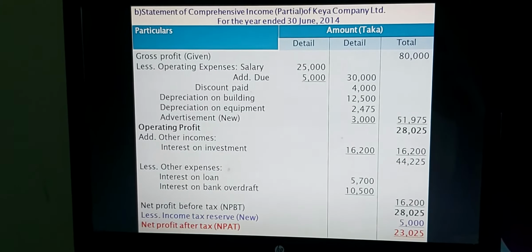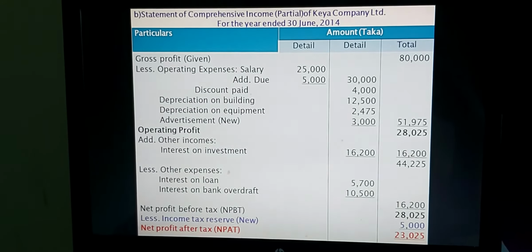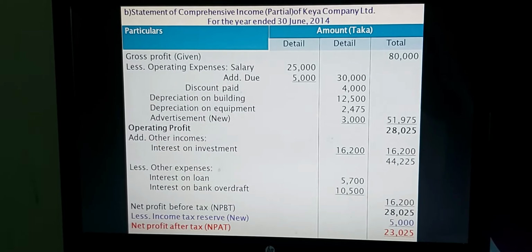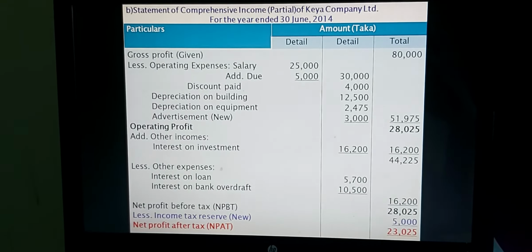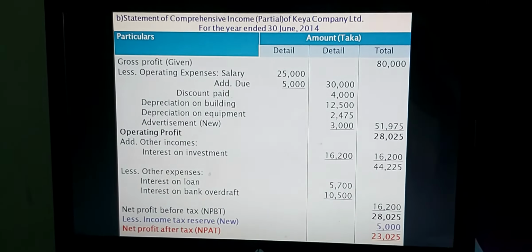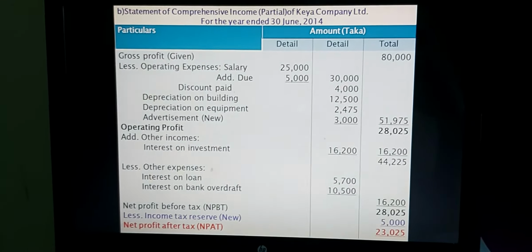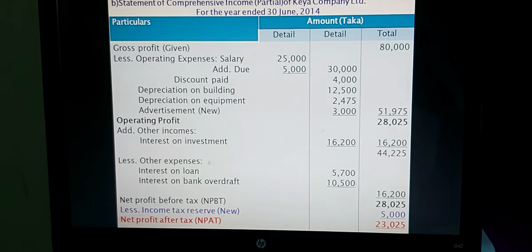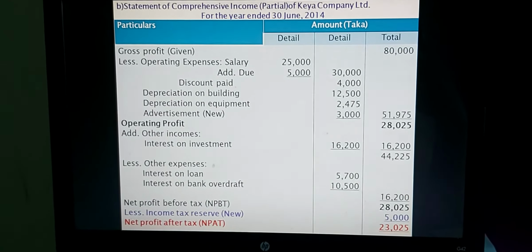In this level, there is the level of accounting second paper for financial statement of company. You can write here net profit before tax amount 28,025. And then new item, you can deduct income tax reserve, the new amount, adjustment number 8, income tax reserve 5,000.